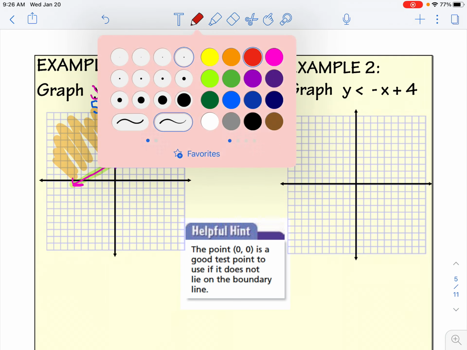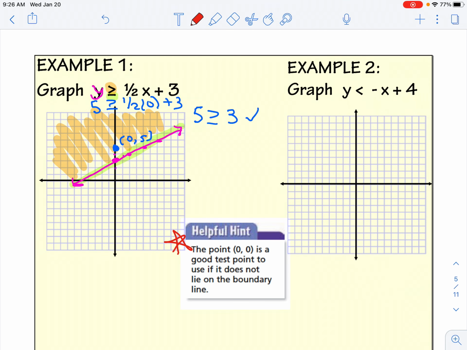Now down here it talks about that the ordered pair 0, 0 is a good test point to use as long as it's not on the boundary line. And you can use that ordered pair whether it's part of the solution or not. But if it's not part of your shaded region, then it should not be a true inequality.